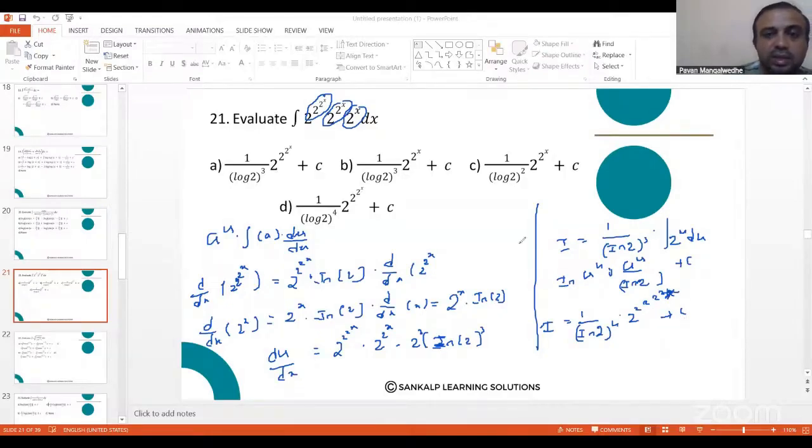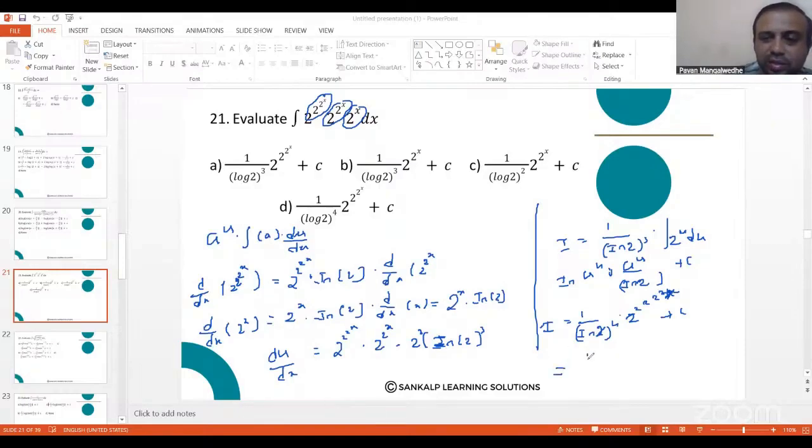Still the answer is not any of the options here. So 2 raised to 2 raised to 2 raised to x, 3 times. Once we cancel this, the integration of 2 is 2. So one 2 got cancelled. It's 2 raised to 2 raised to 2 raised to x. So here it is log of, don't try to cancel, it is integration.